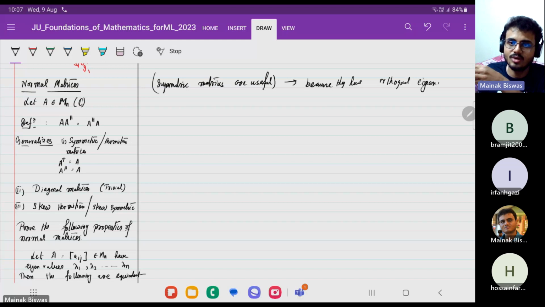But here we'll be dealing with a general class of matrices, of which symmetric, skew symmetric and Hermitian matrices are parts. These are called normal matrices. Why normal? Because whenever you break them up, you'll have orthogonal, normal components, right?